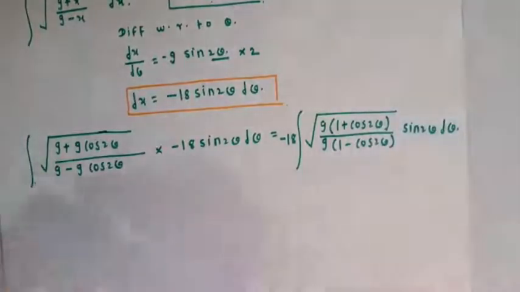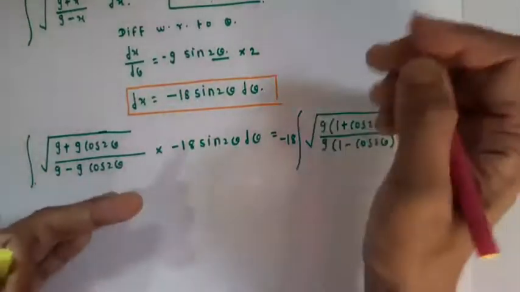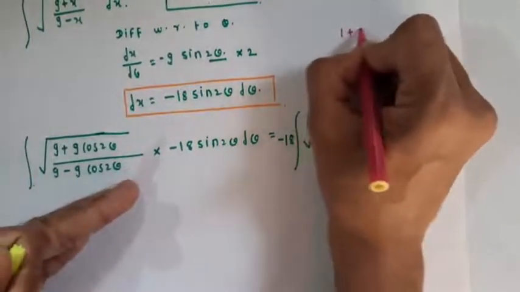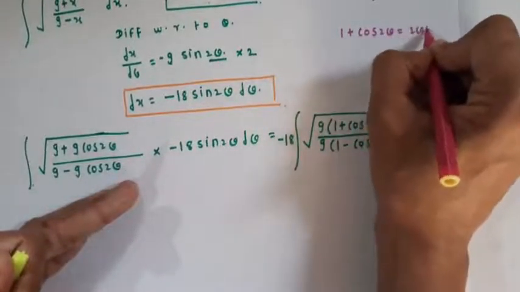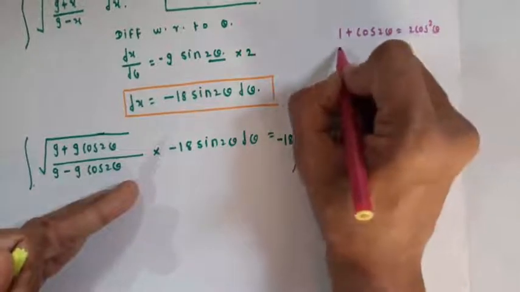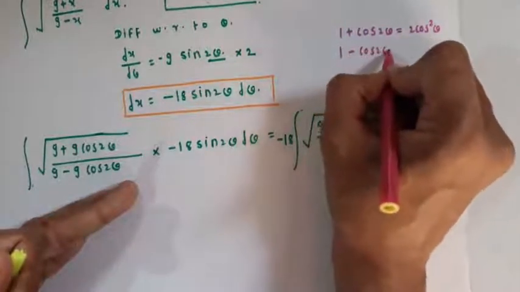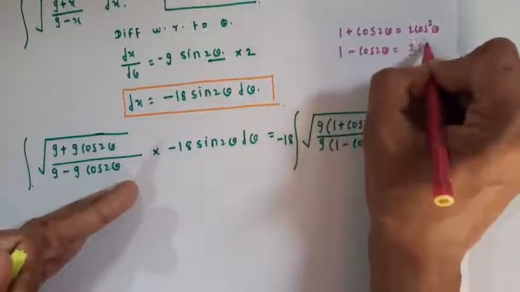But students, we know the formula: 1 plus cos 2 theta is 2 cos square theta, and 1 minus cos 2 theta is 2 sin square theta.